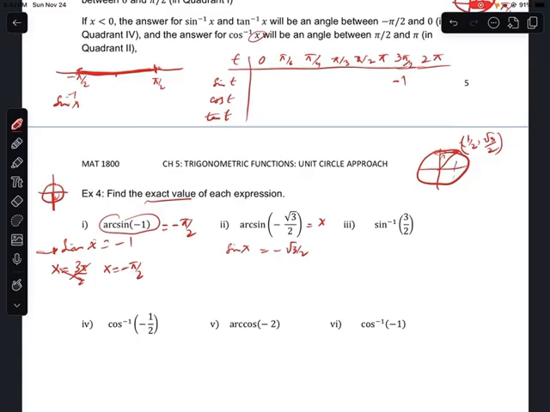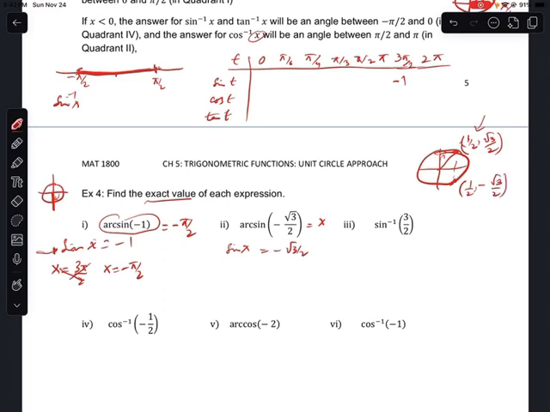Looking at the next one, arc sine of negative square root of 3 over 2. So again you can call it x, which means we are looking for x such that sine of x is equal to negative square root of 3 over 2.